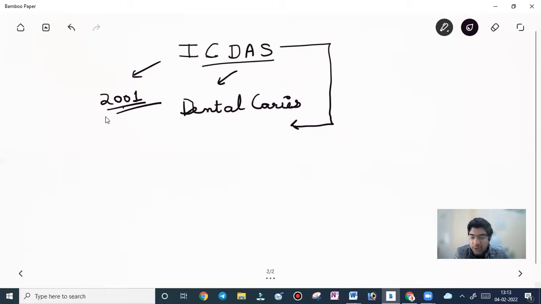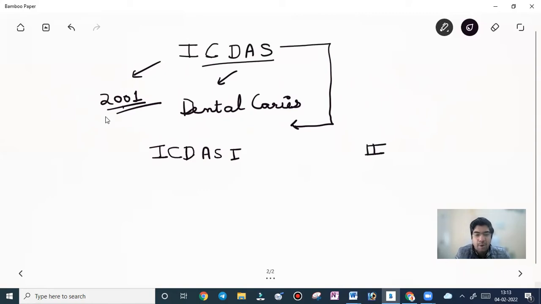Second, it records both the enamel and dentine caries and measures the caries activity. So we have two scoring criteria. One is ICDAS 1 and the other is ICDAS 2.